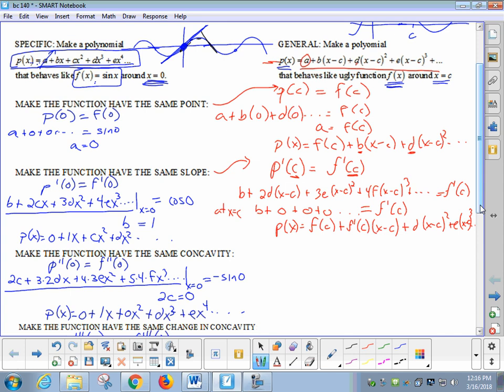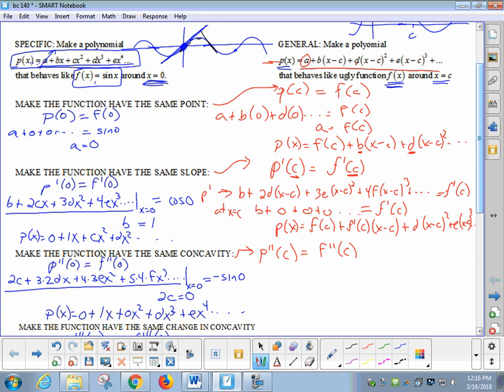Well, next thing we do is match the concavity, which means what? Second derivative. P double prime at c needs to equal f double prime at c. Look back, here is p prime. Take the derivative, please.